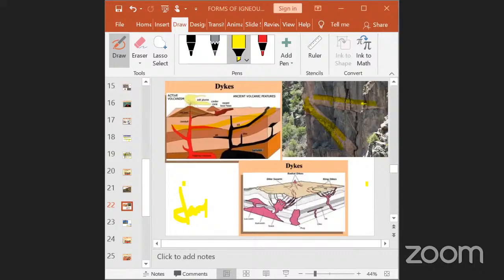Also, these dikes are like walls and act as barriers for the flow of underground water.